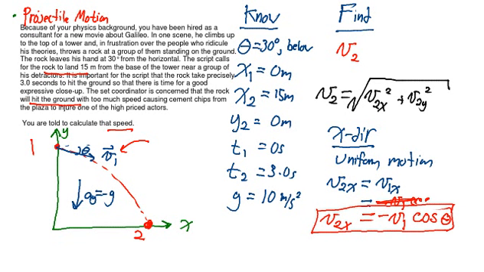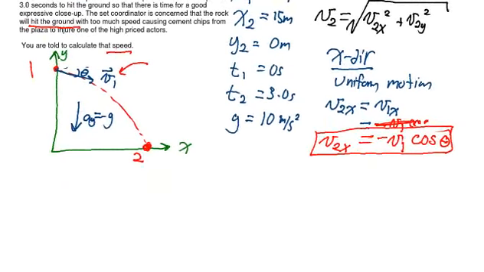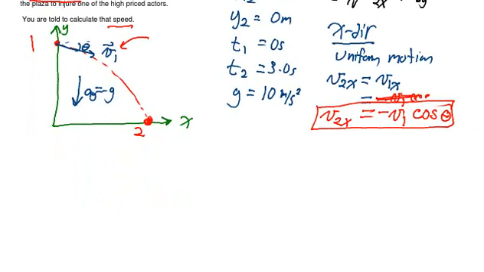Projectile motion has uniform motion in the x direction. So now we can start to consider the y motion, which is accelerated. So in the y direction, because we don't know anything about the height of the tower, the only equation in the y direction that is really useful is the one that relates the velocities and the acceleration and the time.